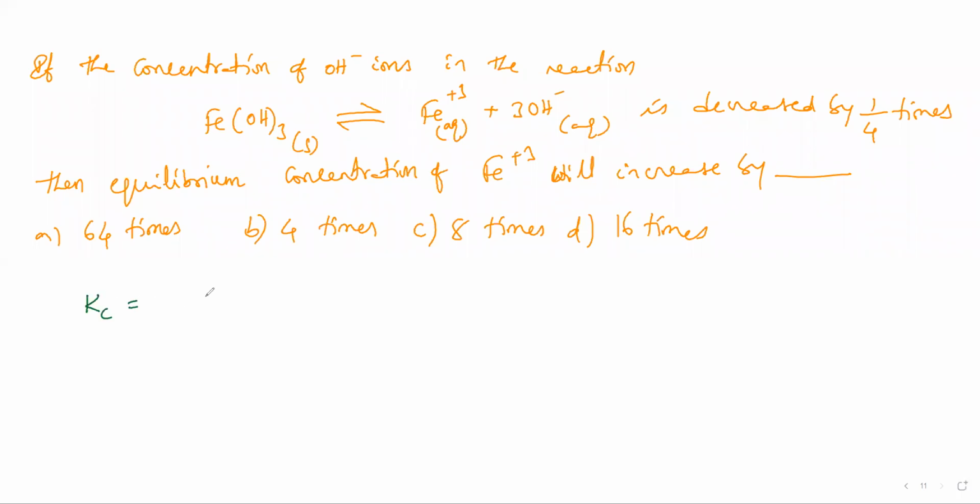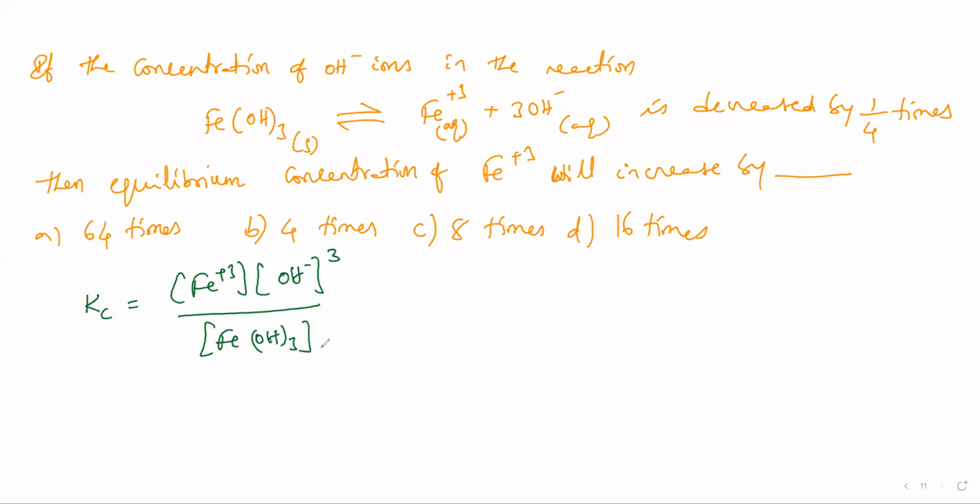Kc is equal to concentration of products by concentration of reactants. What is the concentration of products? Fe plus 3, and OH minus ions, coefficient will become the power, by concentration of reactant, that is ferric hydroxide. But this is solid, sir. The reactant is solid.